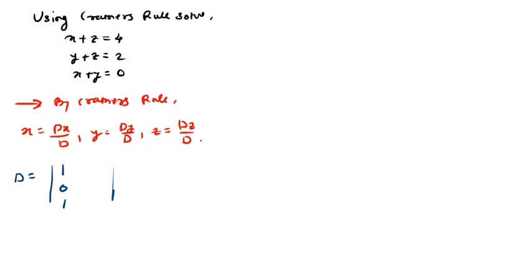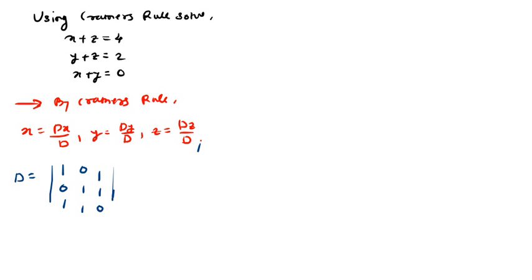The coefficient of y in the first row is 0, in the second row it is 1, in the third row it is 1. The coefficient of z in the first row is 1, in the second row it is 1, in the third row it is 0.